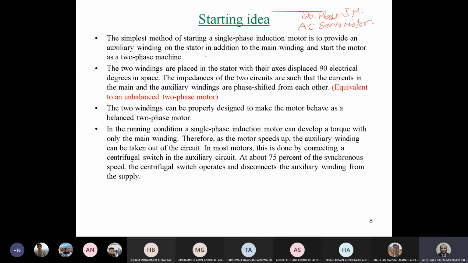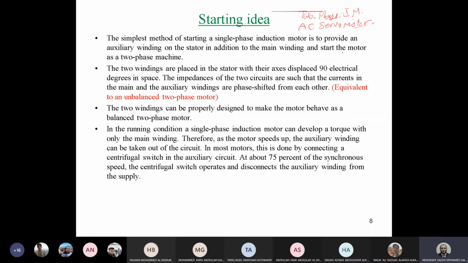It's only single phase. So we make one winding the main winding with a certain impedance which will carry the machine current, and make another small cross-section winding just to create a flux at starting, and the current that moves in this winding will be small, not high current.